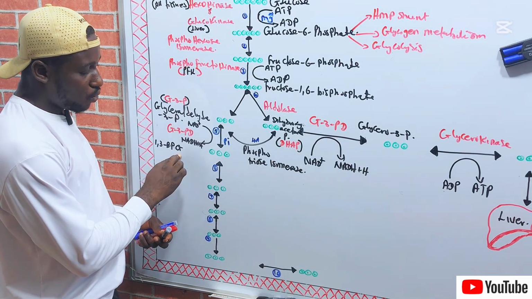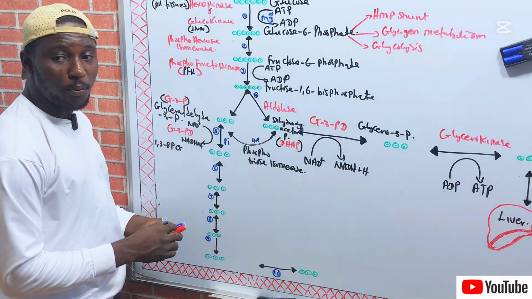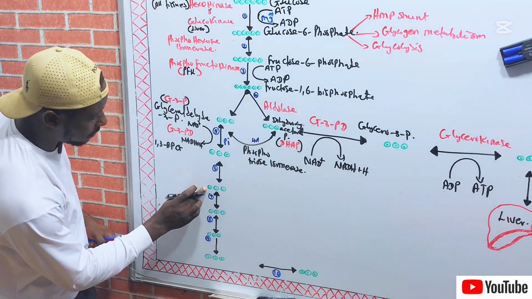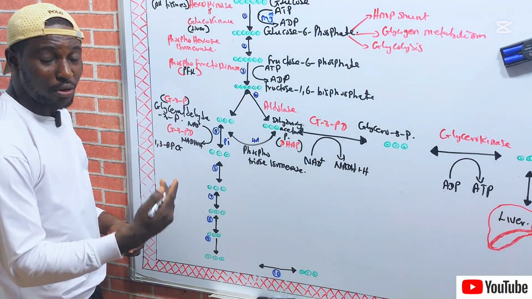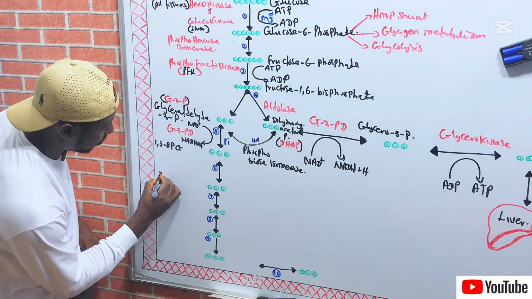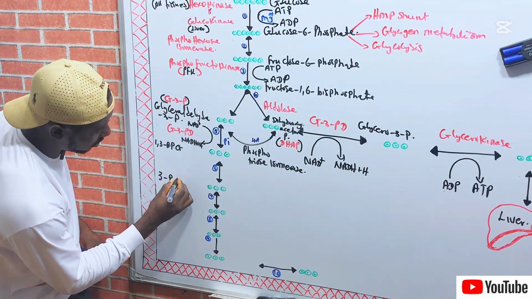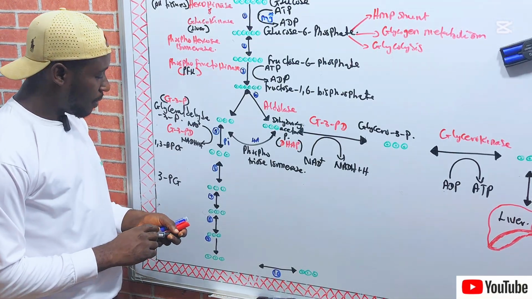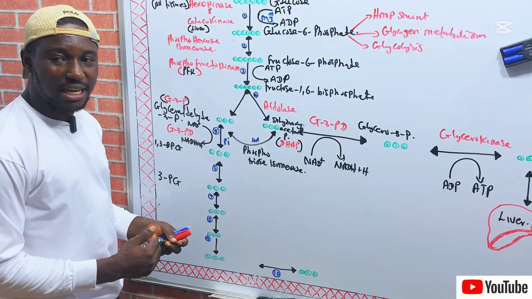1,3-bisphosphoglycerate will be phosphorylated to form 3-phosphoglycerate. Look at it here, they have 3 carbon atoms in their molecule, to form 3-phosphoglycerate by an enzyme called bisphosphoglycerate kinase.